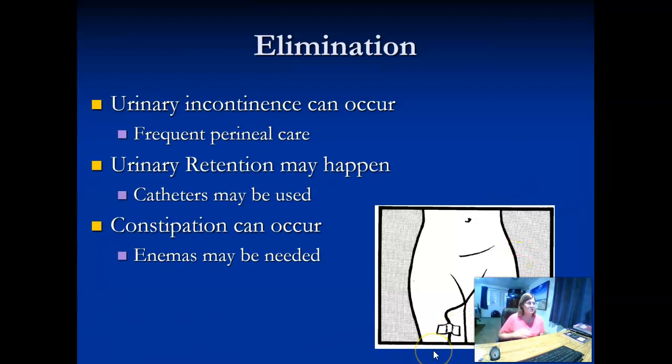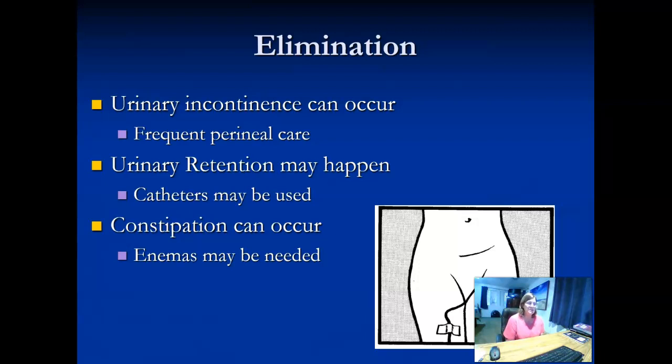Elimination may become an issue for them. Even if they were continent before, they may start becoming incontinent, so they may need frequent perineal care. Now, we've mentioned when we've talked about urinary tubes that we do not generally put urinary tubes in just as a convenience method for incontinence.